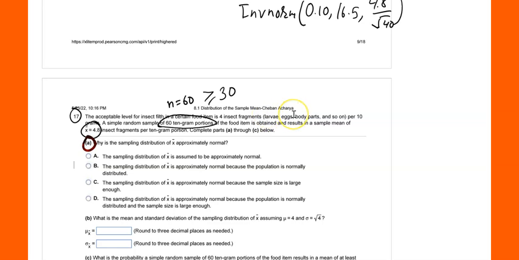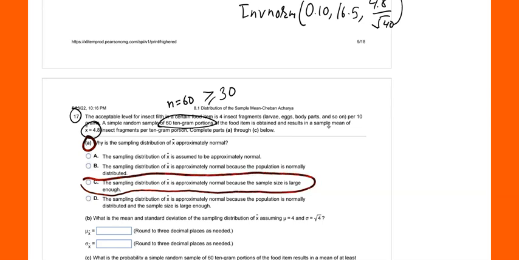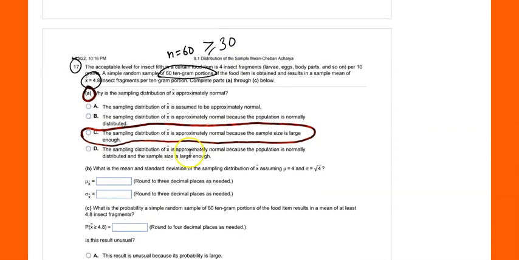Therefore, here you can choose answer C. The sampling distribution of x bar is approximately normal because the sample size is large enough. What do we mean by large enough? More than 30, or more than or equal to 30. Makes sense?